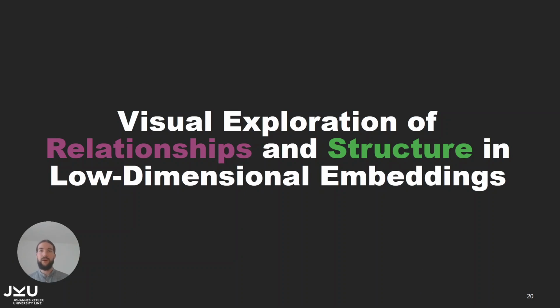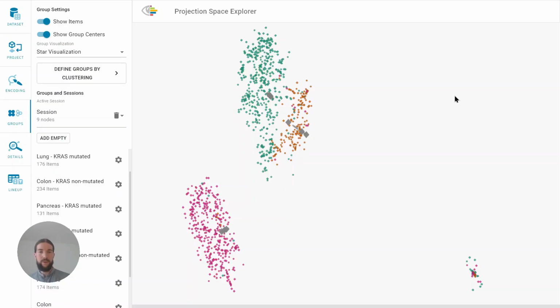Now that we have discussed how to define and represent relationships in structure, I would like to talk about the exploration of these and how we can use them to better understand the differences in the embedding. For that, I will go back to our tool and the genomics use case. And here we projected the data of the 3 tumor types by the gene expression of about 700 cancer-causing genes.